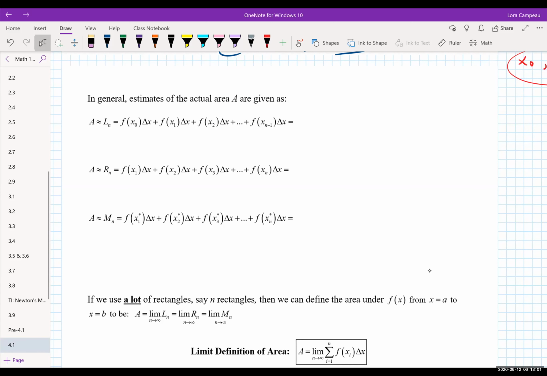We've done a lot of left endpoints. We've done a lot of right endpoints. The only thing we have not done, but I think you'd be able to figure out without me, is you will see M. What does that mean? What do you think? Well, left, right, M, middle. Yeah, this is actually midpoints.